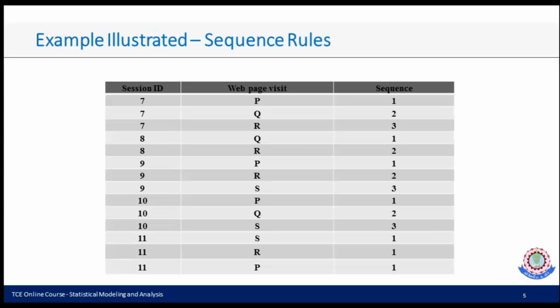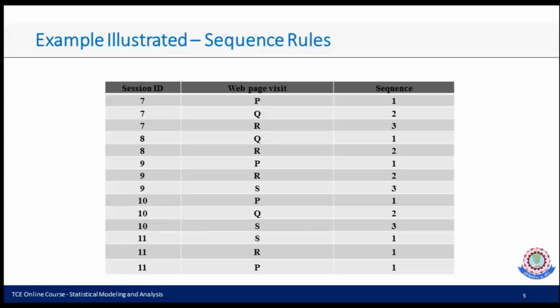Consider the following example. This example has three attributes. The first is the session ID, the next is the web page visit, and the third one is the sequence number. For the same session, there are different pages which are visited by the user.